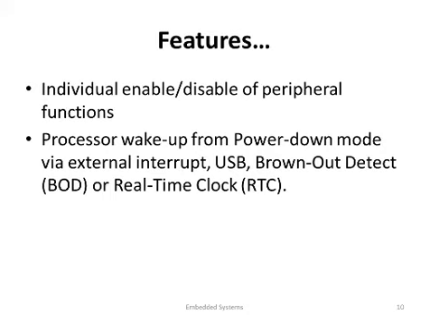Then the processor can wake up from power down mode via external interrupt, USB, brownout detect, or real-time clock. These different peripherals can wake up the processor from power down mode.